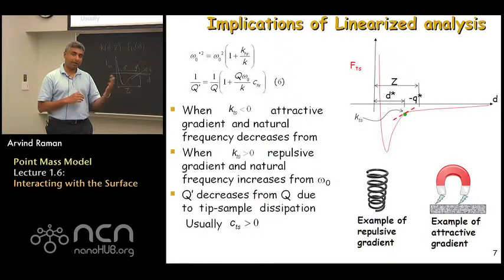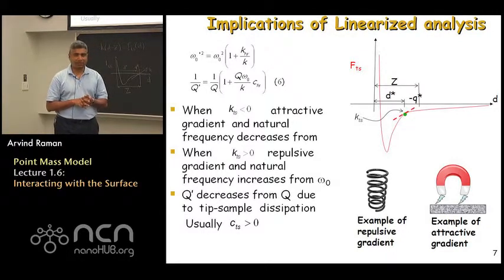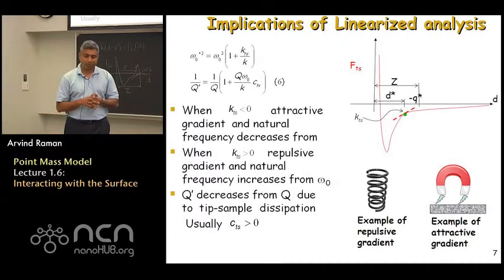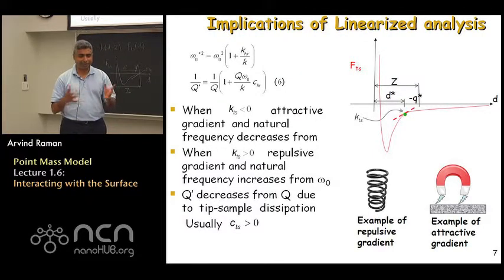On the other hand, if Z is reduced quite a lot, and one goes into what's called the repulsive force gradient, where the slope changes as shown, in that case KTS would be positive, and you would get a repulsive force gradient. It is instructive to try and get a physical feel for what an attractive and repulsive force gradient mean. So I've sketched out at the bottom two examples from daily life.